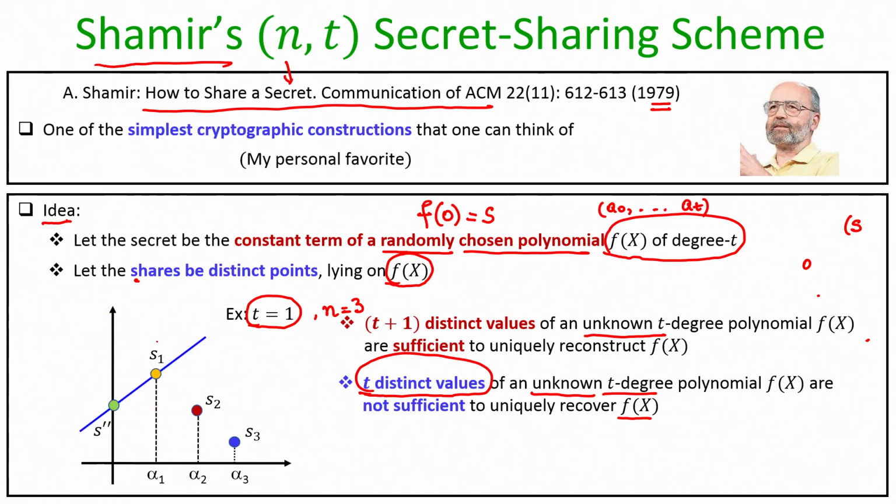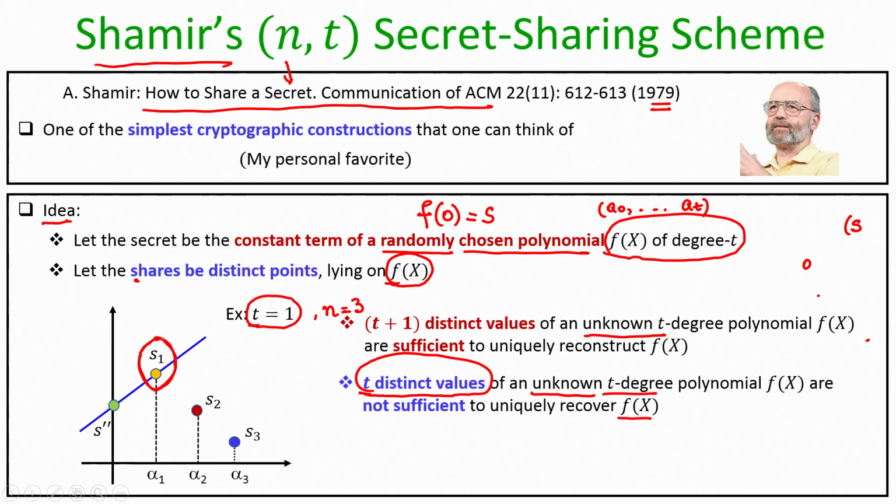It means the following: suppose the first shareholder has the share S1 and of course, it knows alpha 1. The question is, is it possible for the first shareholder to get back the dealer's secret?